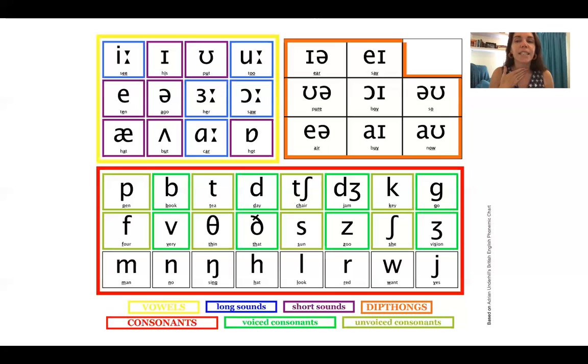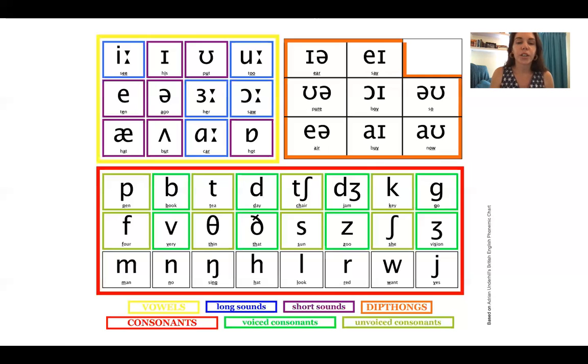T. Your tongue is behind your teeth. T. Nothing happening in my throat. Unvoiced. Have a go at D. Same as T, but it's voiced. I'm using my throat. T. And D.